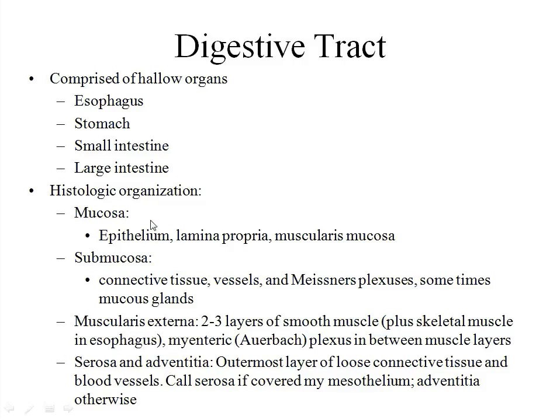Now all the modifications you will find present majorly in the mucosa and submucosa, as it changes from esophagus, stomach, duodenum, jejunum, ileum, colon. You will find major changes in these two layers only. The rest, muscularis and serosa, remain almost the same throughout the GI tract.